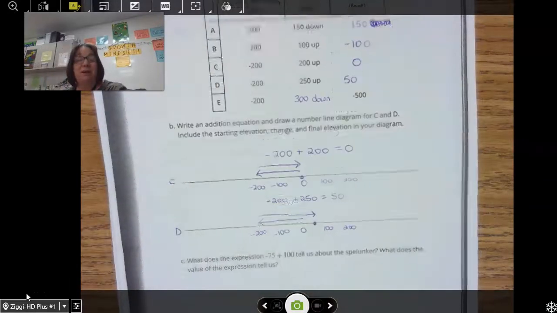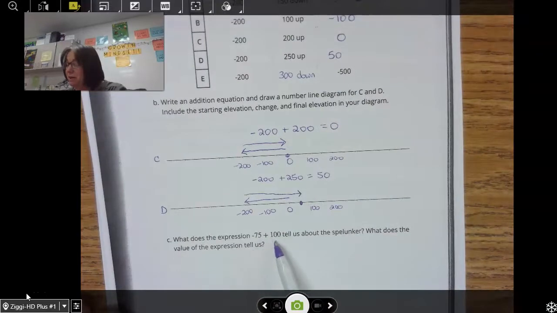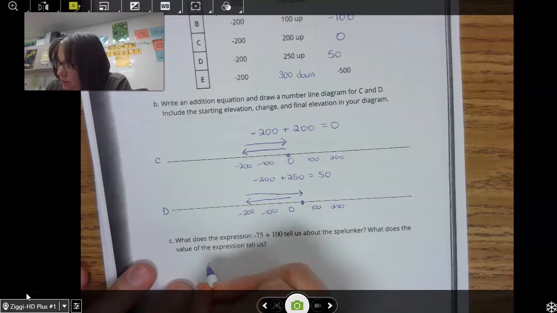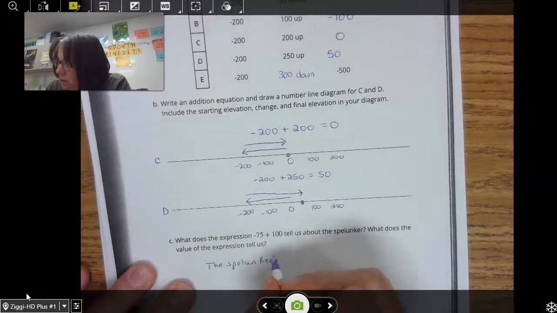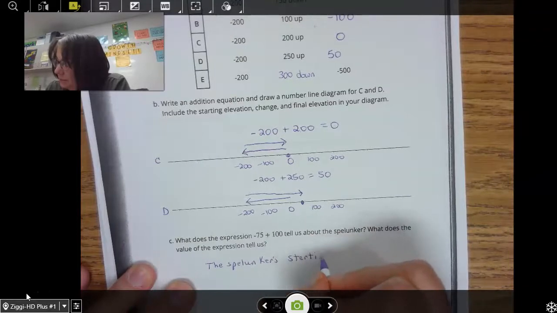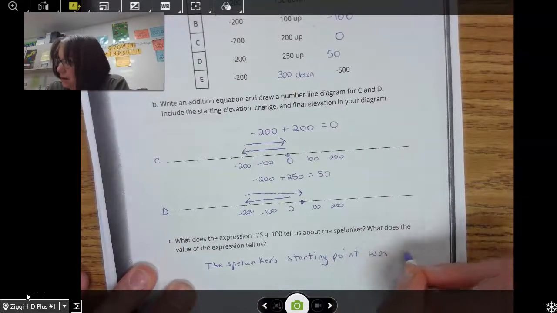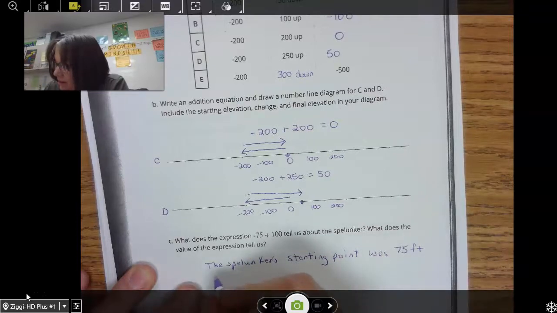So what does the expression negative 75 plus 100 tell us about the spelunker or the cave person? So right here, we're going to write an explanation of what that would tell us. Well, it tells us that the spelunker's starting point was 75 feet down in the cave.